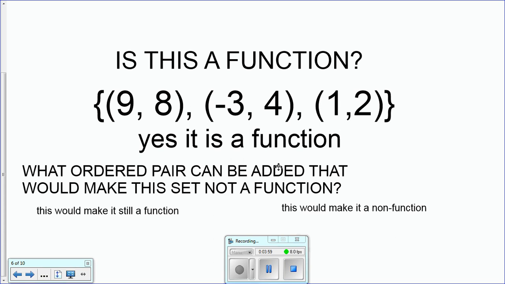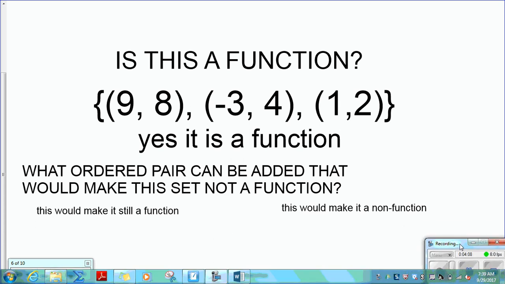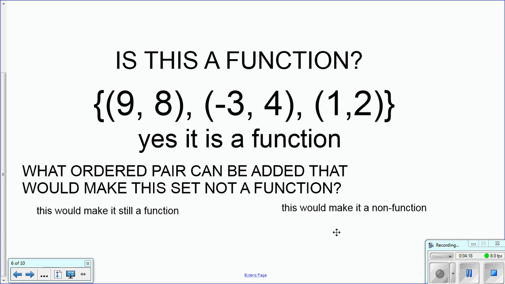What ordered pairs could be added to this that would make this set not a function? I could add any ordered pair that had 9, -3, or 1 as an x value but a different y. For example, if I put in (-3, 1), that would make it no longer a function, because here's an x with two different y's, 1 and 4.